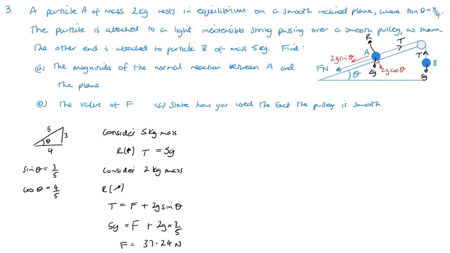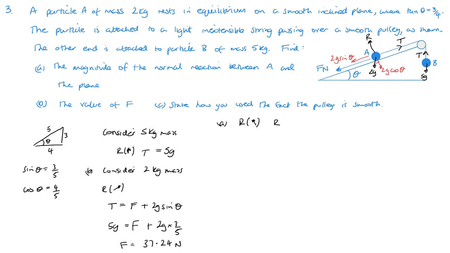Oh, I read this wrong then. Find the value of F is B. So this bit was just B. I actually missed out A, find the magnitude of the normal reaction. So I'll do that now. That is still considering the 2 kilogram mass, but we're going to resolve perpendicular.